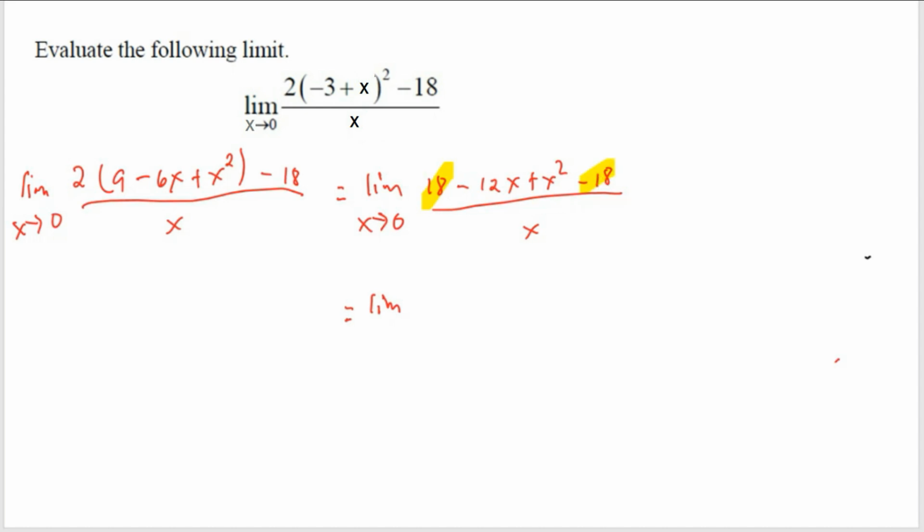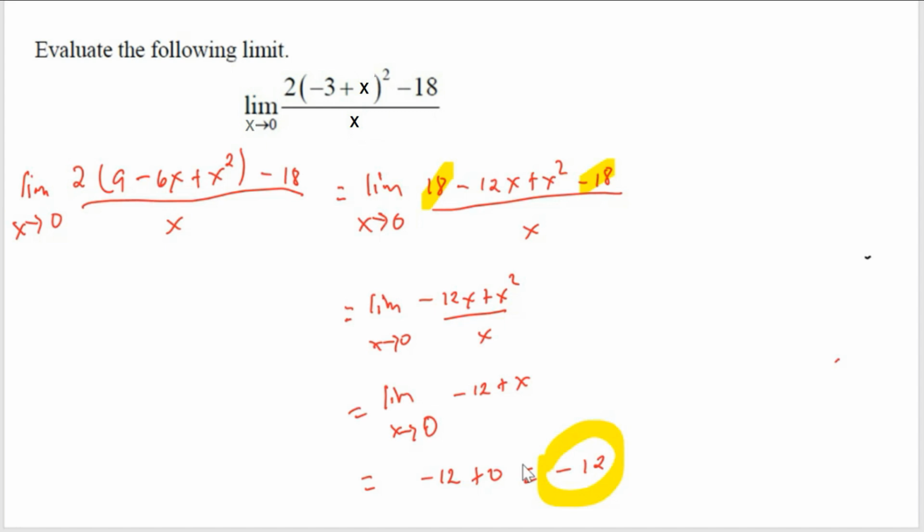So the remaining terms now we have negative 12x plus 2x squared all over x as x approaches 0. So we can divide that one. So the limit now we have negative 12 plus 2x as x approaches 0. After we simplify, we are going to substitute the value of x, which is approaching 0. So therefore, negative 12 plus 0. So the answer is negative 12.